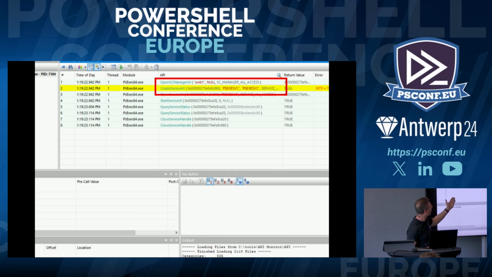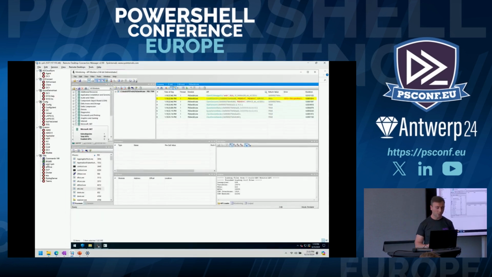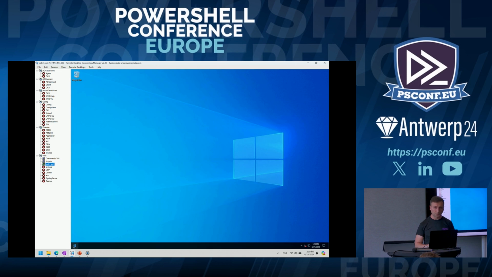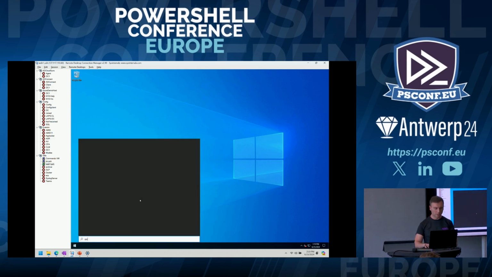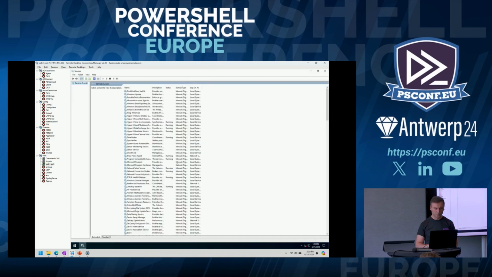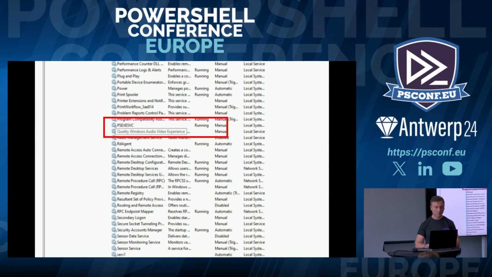So if I specify web1, then it works. We can check that, by the way. If we go to web1 PowerShell, I'm going to go to services. Let's sort it by name. And PsExec. Here we go. So here's the service.